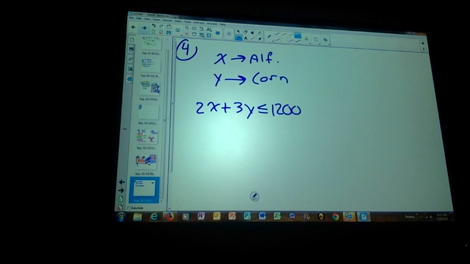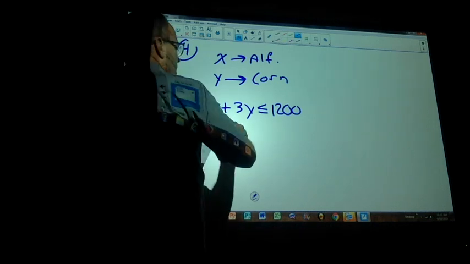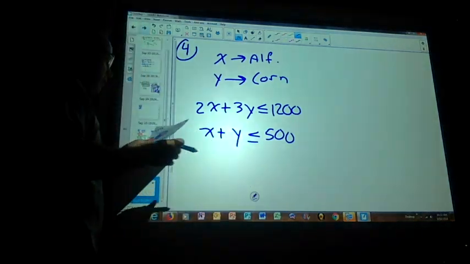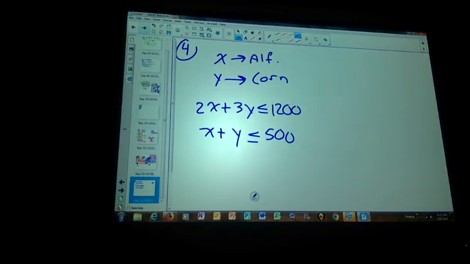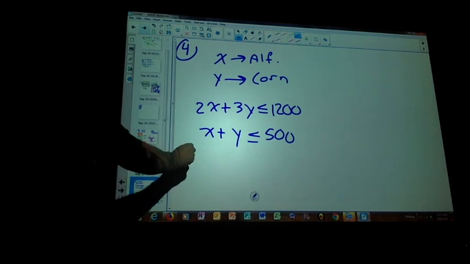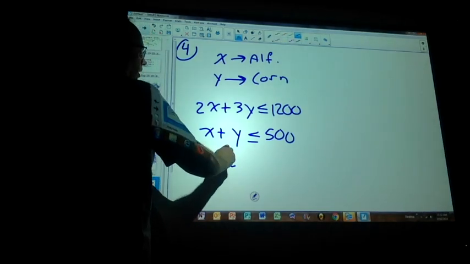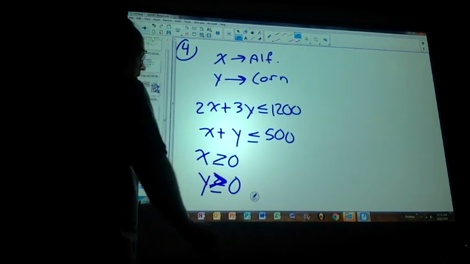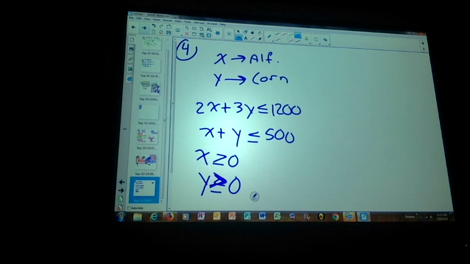And then I know that x plus y is less than or equal to 500. You have 500 hours to plant this crop, between crop x and crop y. Are you going to plant something? Yes, you're going to plant each crop, so x and y are greater than or equal to 0. That just means we're dealing with quadrant 1.